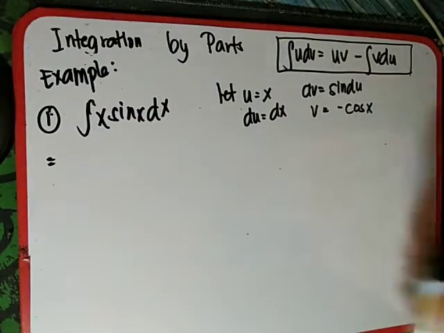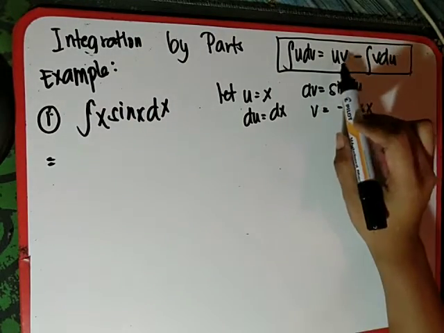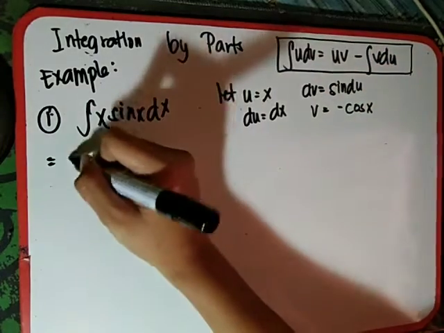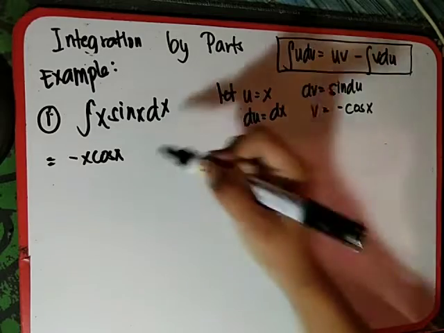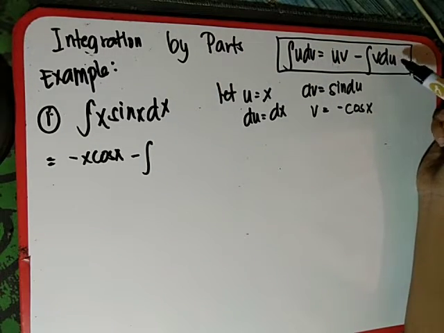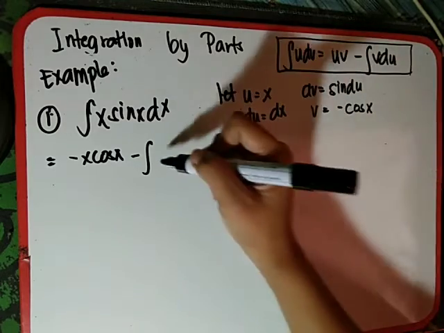So we have to substitute. Our u is x and v is negative cosine x, so we have negative x cosine x minus the integral of v du, which is negative cosine x dx.